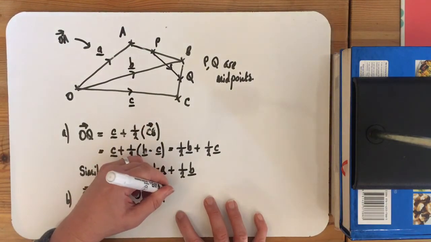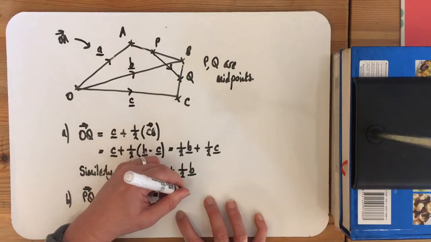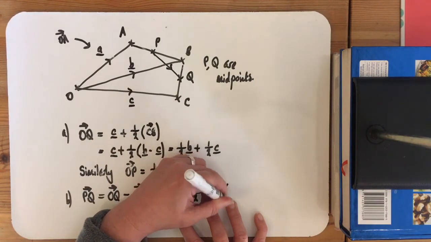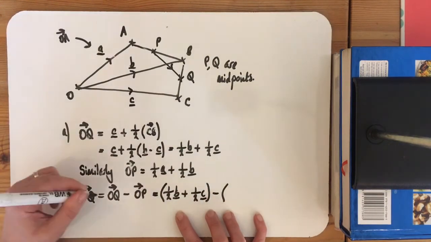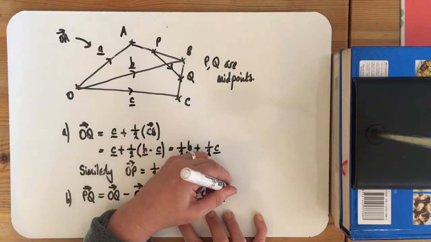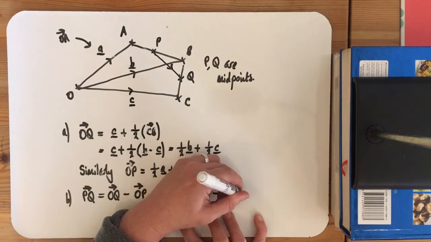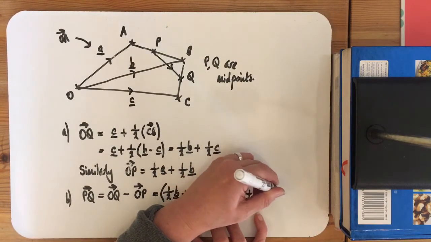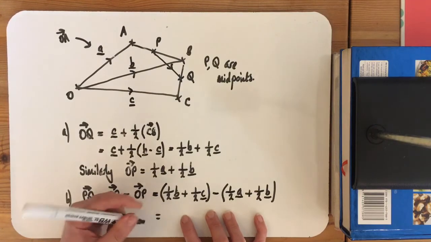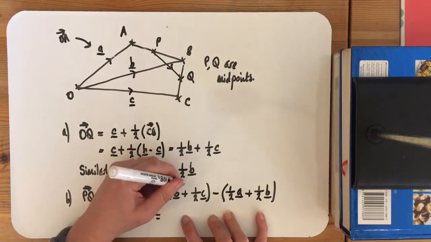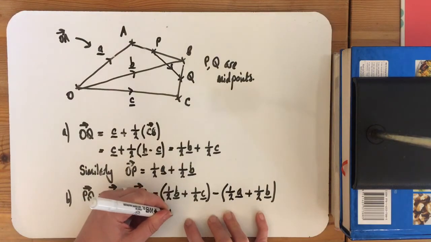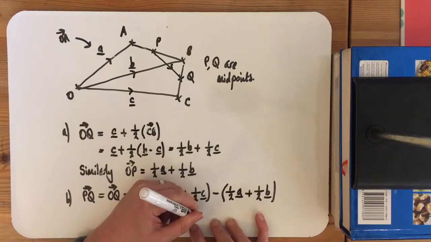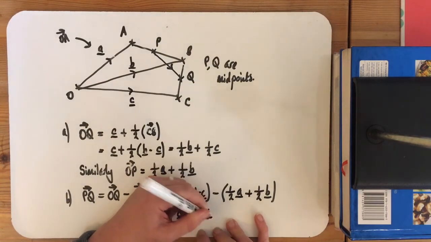So it's a half b plus a half c minus, try and remember to underline your vectors, minus position vector of P, which is a half a plus a half b. Which takes us to there. And then tidying that up a little bit, the half b's are going to cancel out, and you get a half c minus a half a.